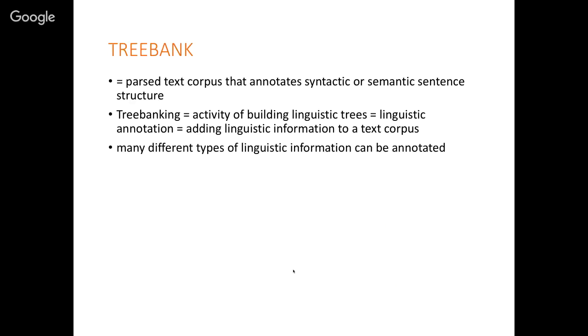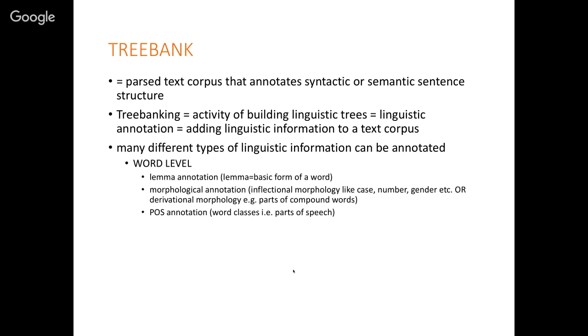And there are many types of linguistic information we can add to any text, of course. And usually, well, we can take the word level, for example. So for each word, we can add different types of information. We can add the lemma, so that's the basic dictionary form, or we can add a morphological annotation, especially if a language is morphologically rich, like Greek is, and Latin.